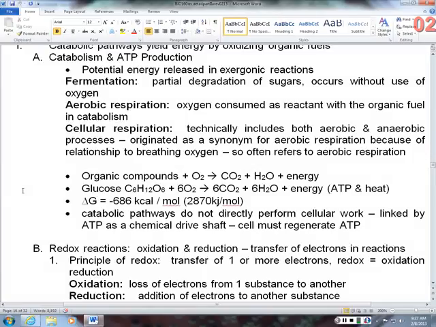I will tend to refer to them as anaerobic and aerobic respiration or metabolism. I don't usually use the term cellular respiration because I try to avoid terms that have a gray area for confusion. But it's there so you can be aware that not everybody will treat it that way.